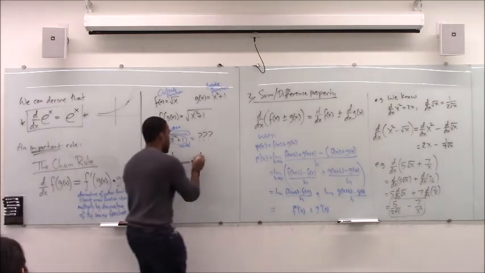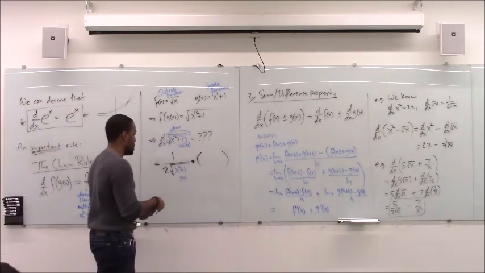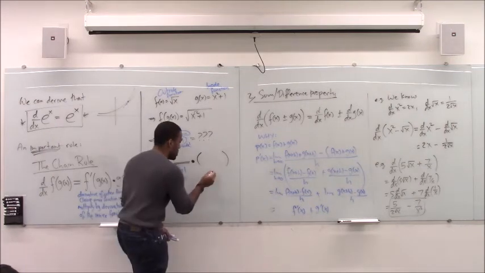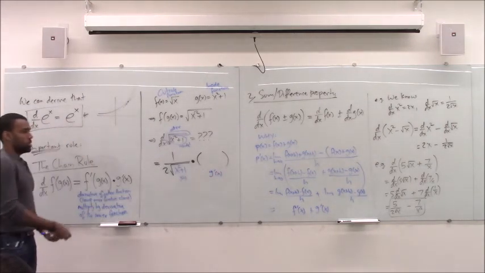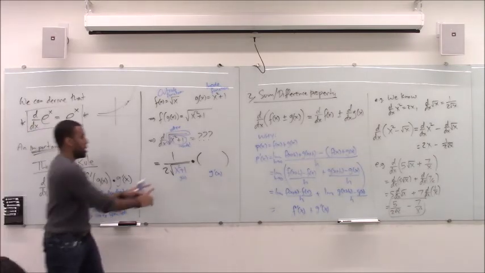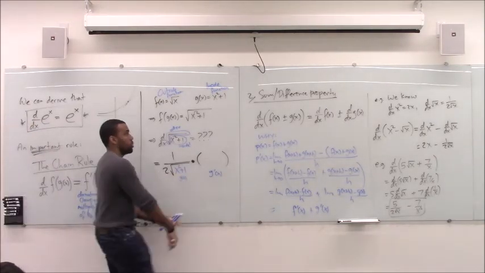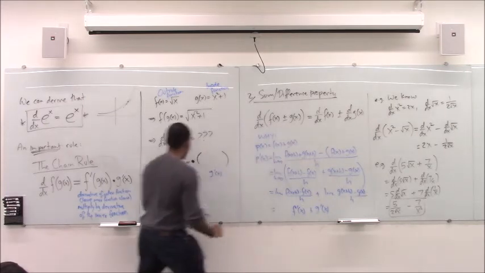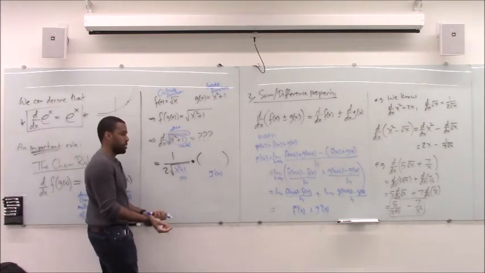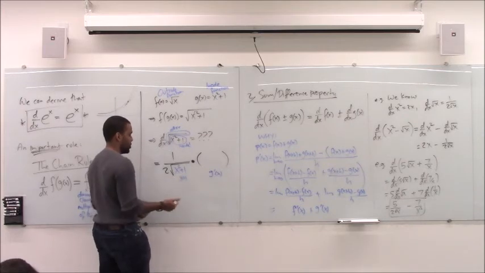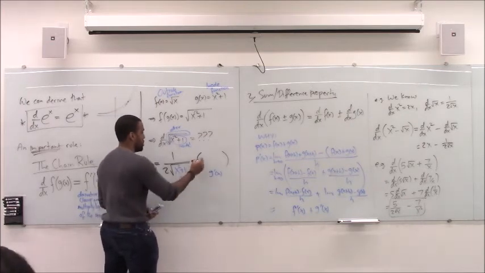And here I can open up parentheses, and in here, what I'm going to put is the g prime. So now, what is g prime? It is the sum of two things. We have the sum property. So to find the derivative of this, I just find the derivative of one at a time and add them together. What's the derivative of x squared? 2x.